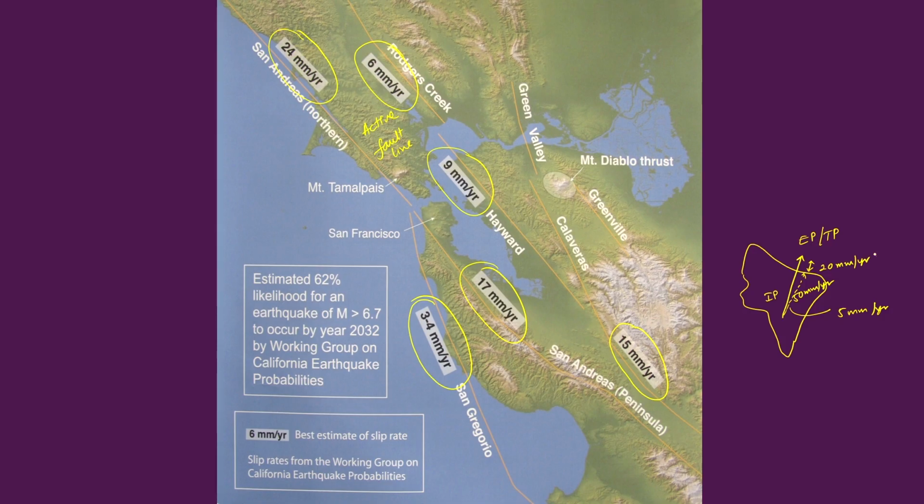Now this 20 millimeter is not released along one single fault line. It has not been consumed by one single fault line. It gets distributed along multiple fault lines.